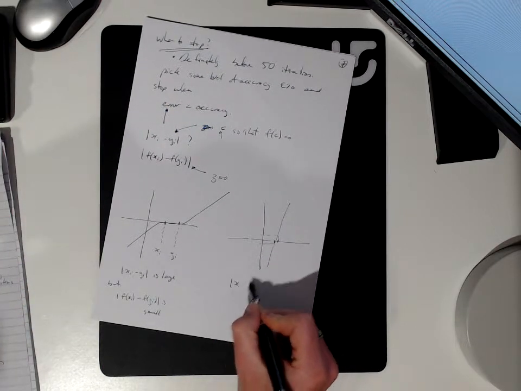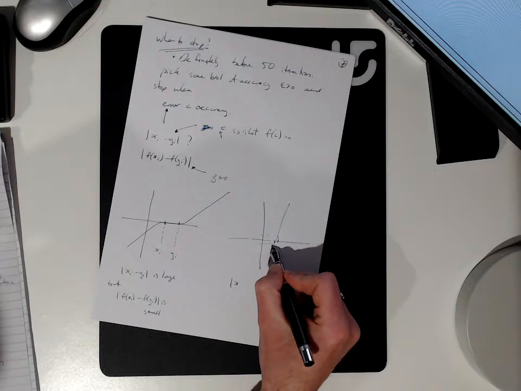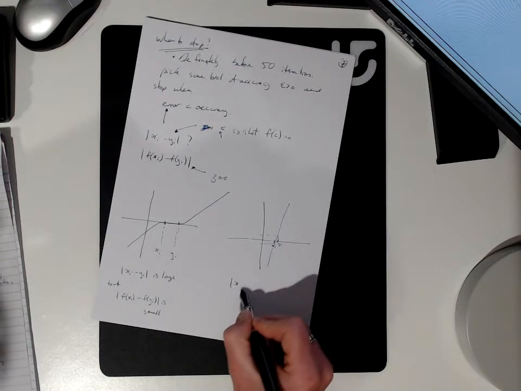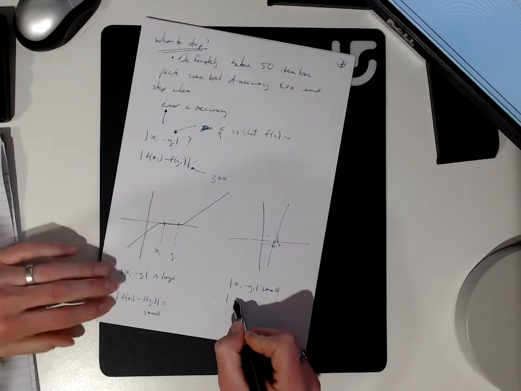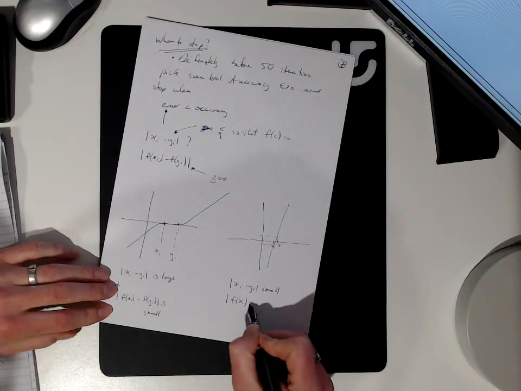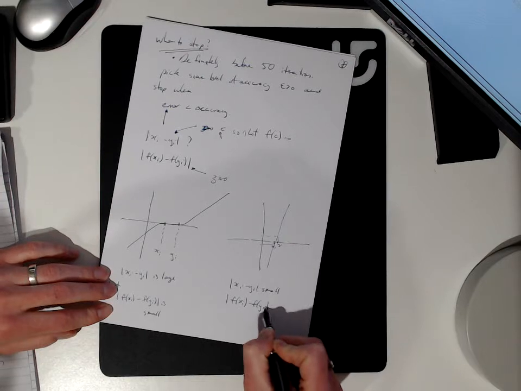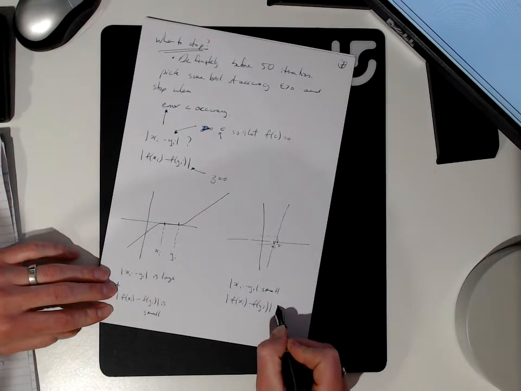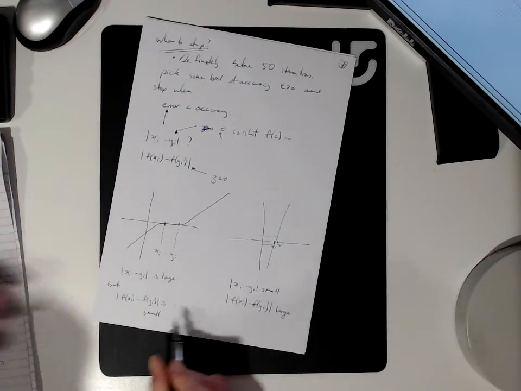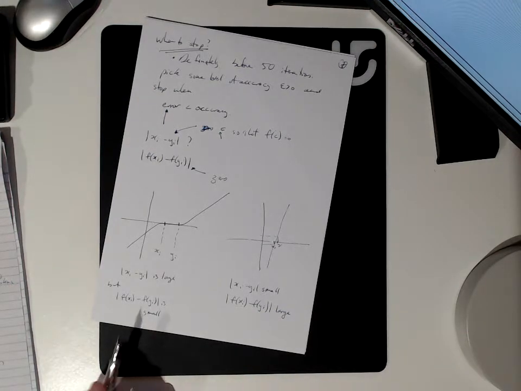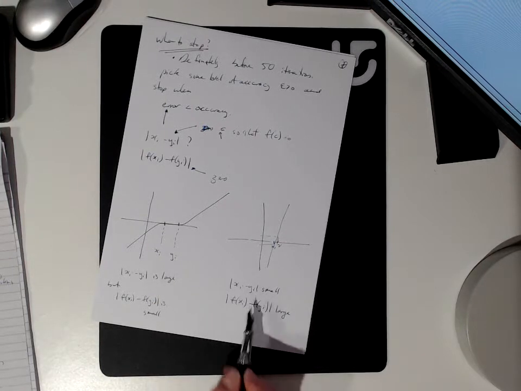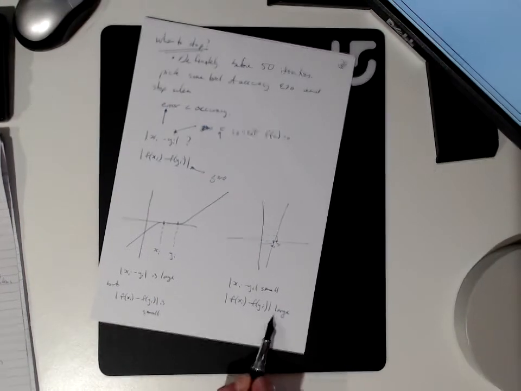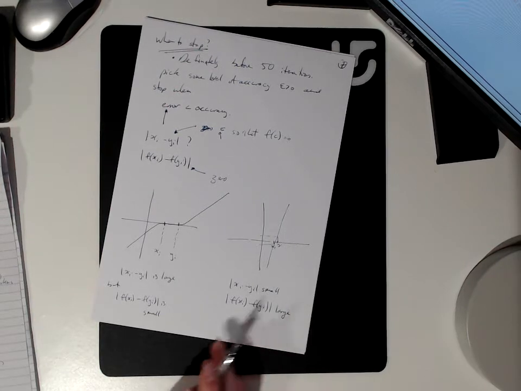So in this particular case, xi minus yi is small, but this is large. Which one's better? In this case, this is very small, so you have some idea of where the root is, but the value of that function evaluated over this interval has a large range. Is that good or bad?